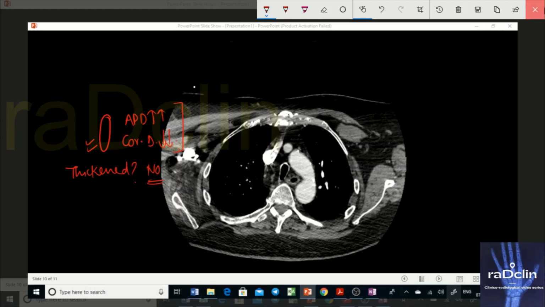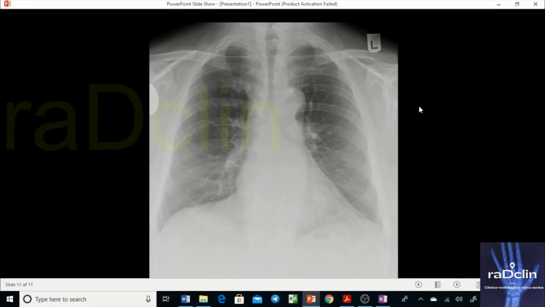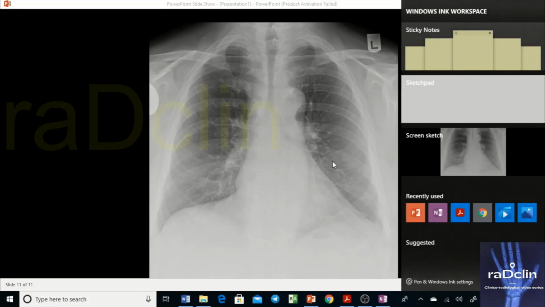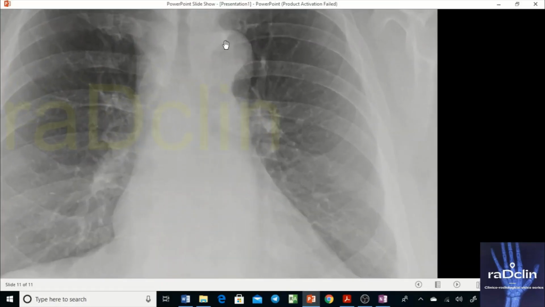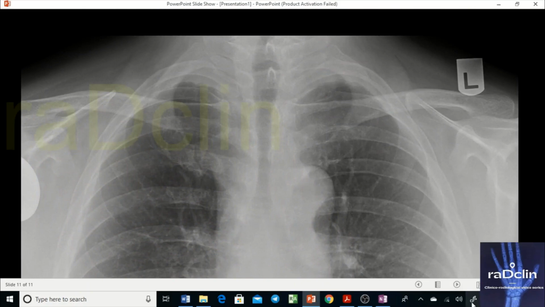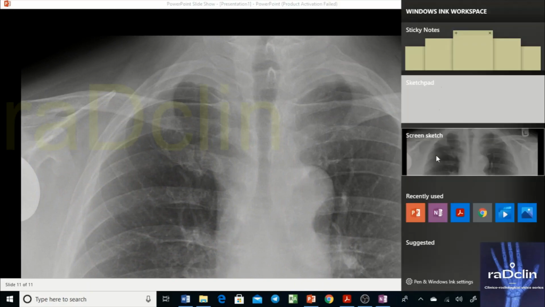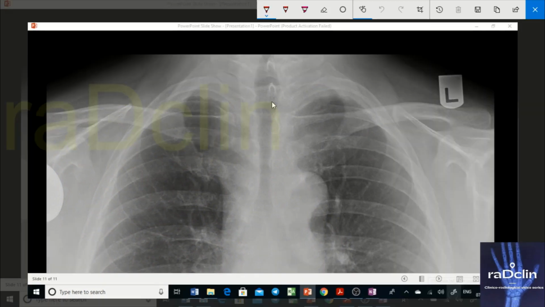Now look at this particular patient's chest X-ray. So this is this patient's chest X-ray also. Let me zoom this. Okay, look at the trachea of this patient. If you look closely, you can clearly see this is the line of the trachea. I'm drawing along the tracheal wall. Okay, so this is your trachea.